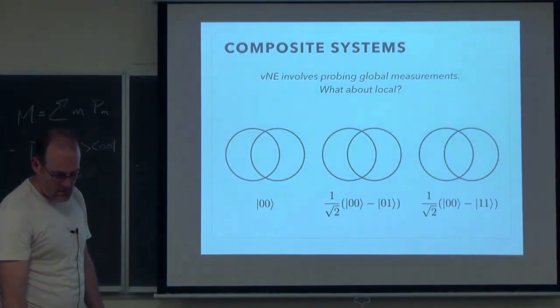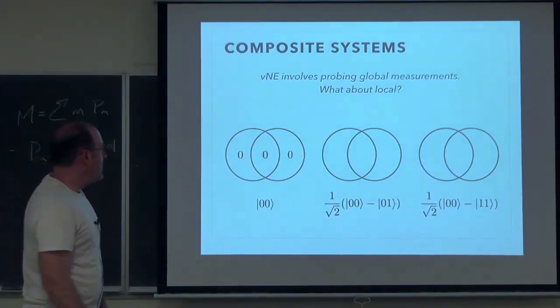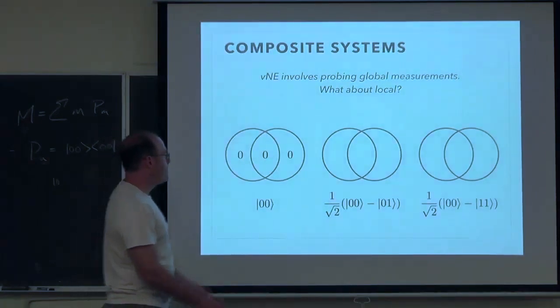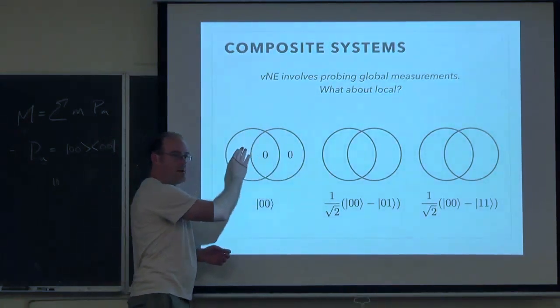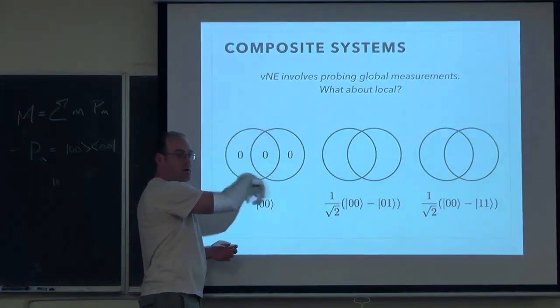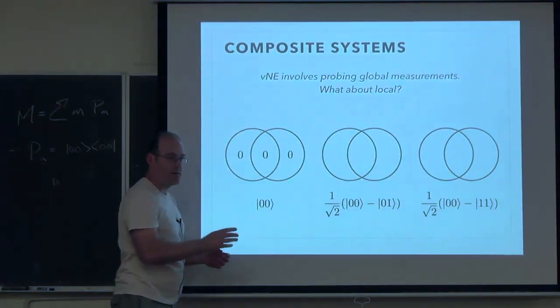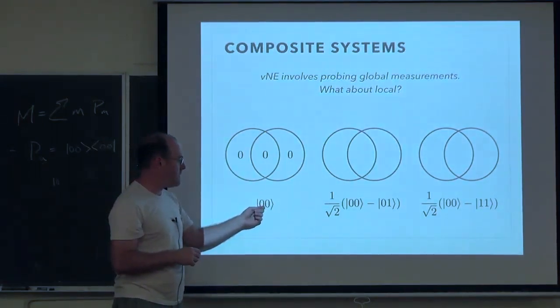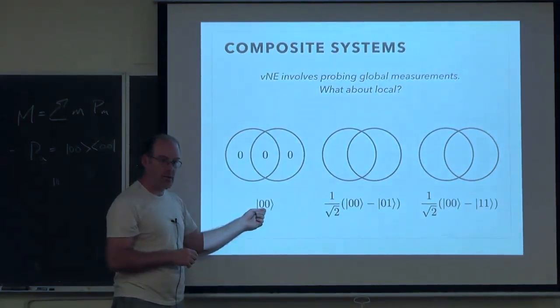Okay, so we already know that the total entropy in this system, or the total entropy in this diagram, is 0, and that follows from what we just did. What do we know about the entropy of one of the local states?